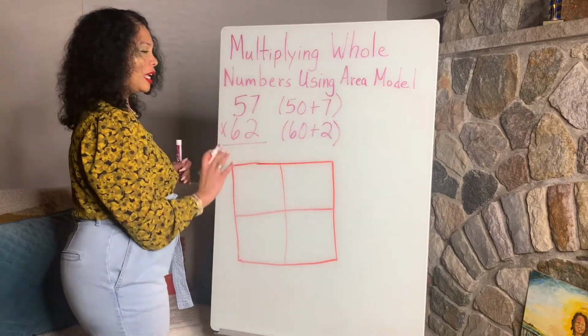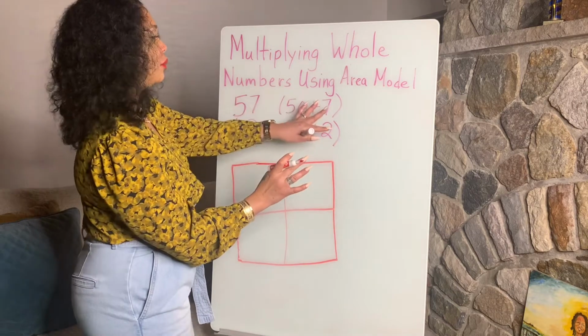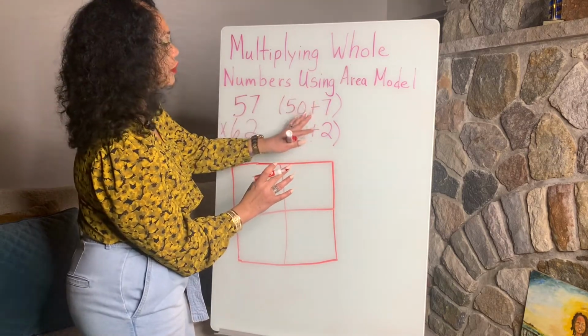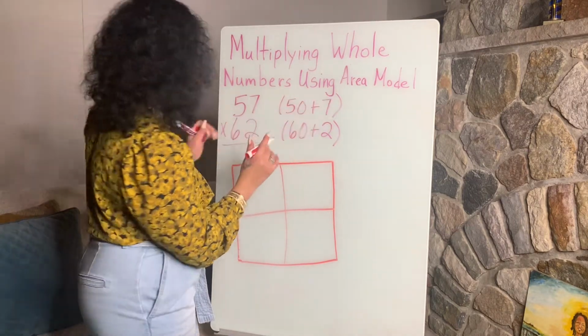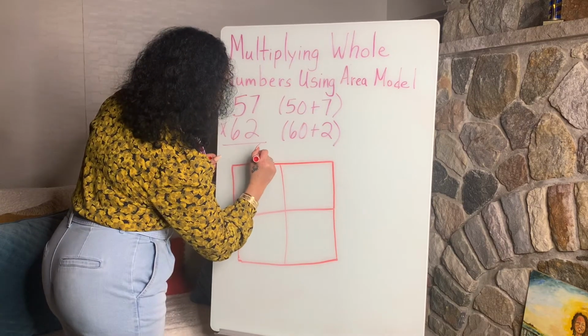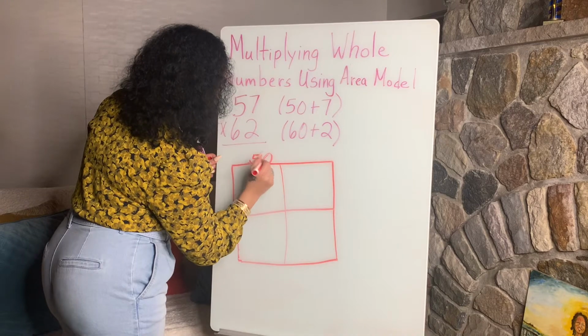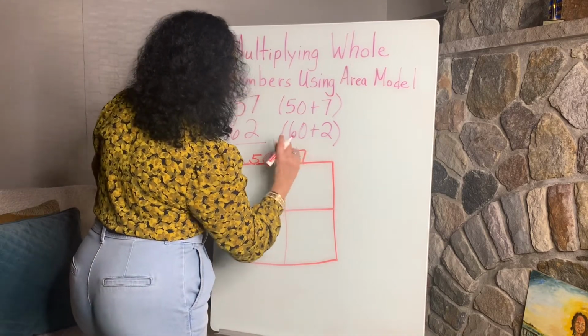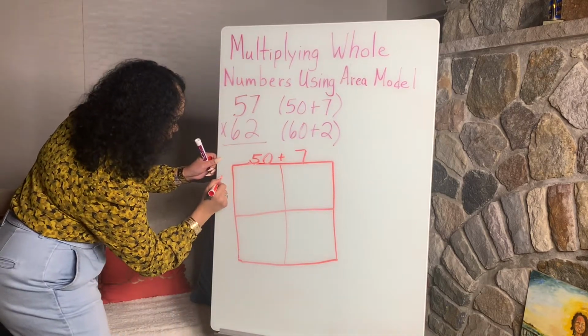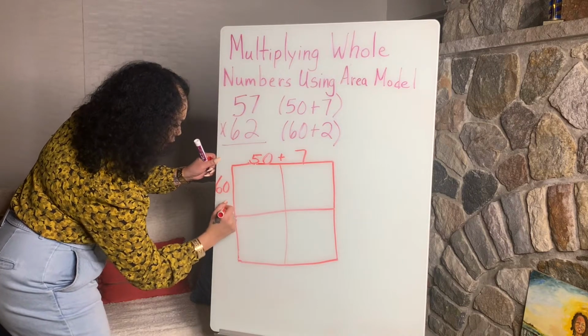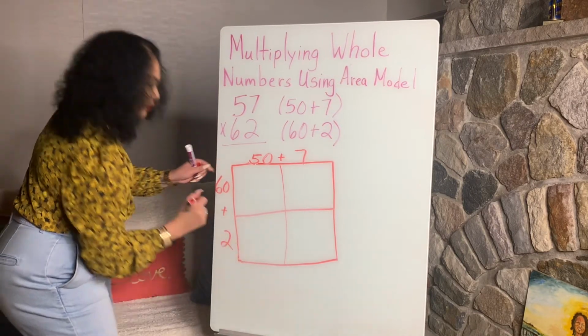So now we take this number. We're using these numbers as a reference. So we have 50 plus 7, 60 plus 2. All right.